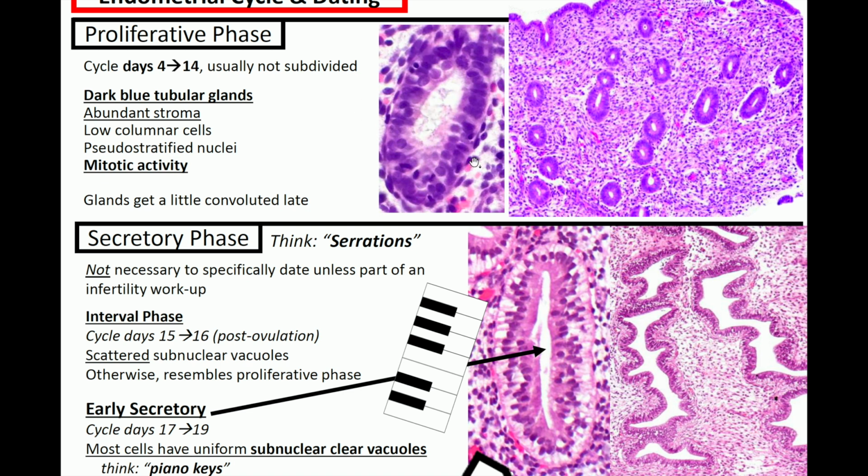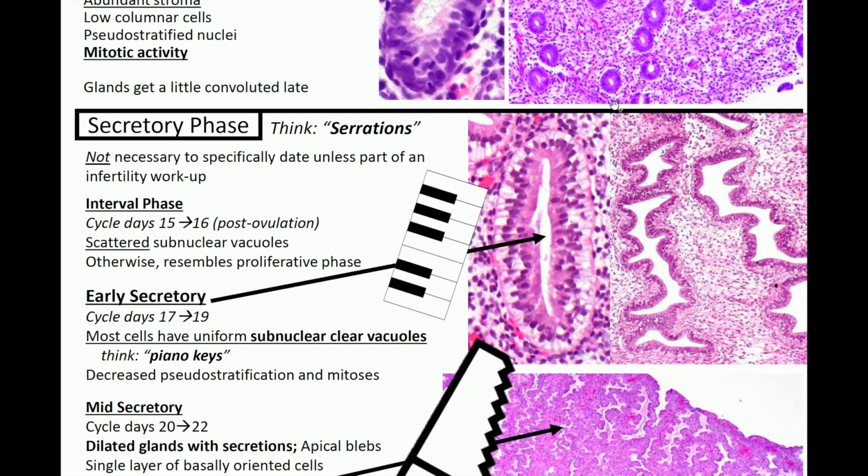Then you can look at architecture. At low power, do the glands look tubular or donut, which is more proliferative? And then you can also assess mitotic activity. If you're seeing mitoses, that's a pretty good indication that you're in the proliferative phase.